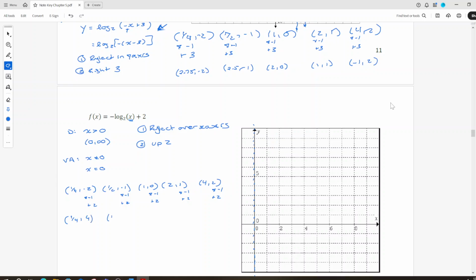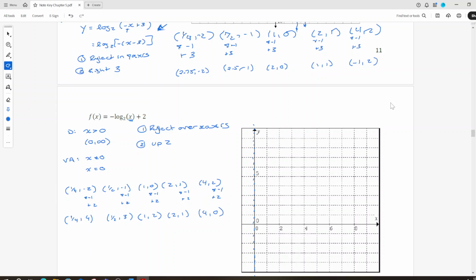This point is at a half: negative 1 times negative 1 is 1, plus 2 is 3. This point is at 1, and 0 times negative 1 is still 0, plus 2 is 2. This point is at 2, and negative 1 plus 2 is 1. And this point, negative 2 plus 2 is 0.